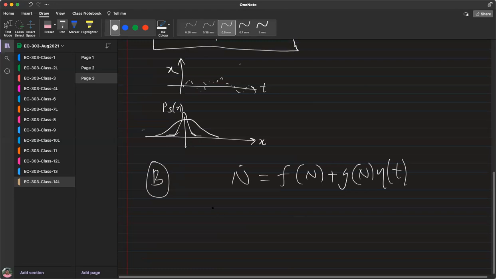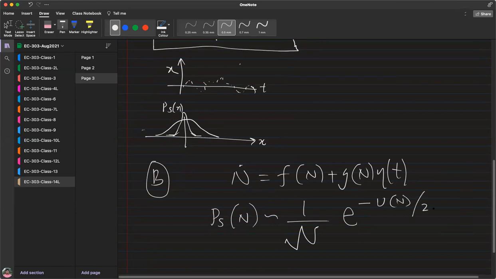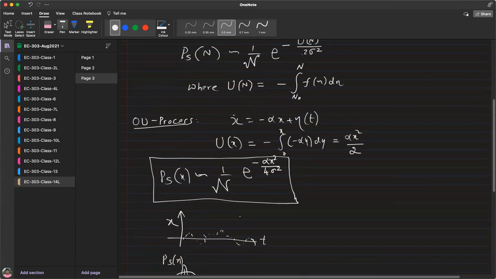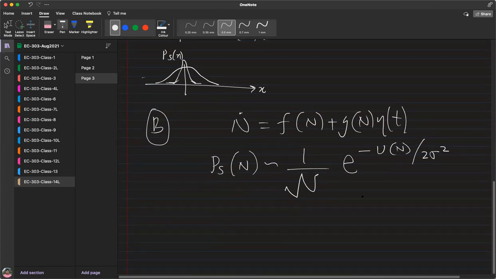Again, you can prove analytically that the steady state distribution will be of this form: normalization, e power minus u of n by 2 sigma square. I have a feeling there's a 2 here, by the way; I could be wrong about this. Here u of n is given by this expression.